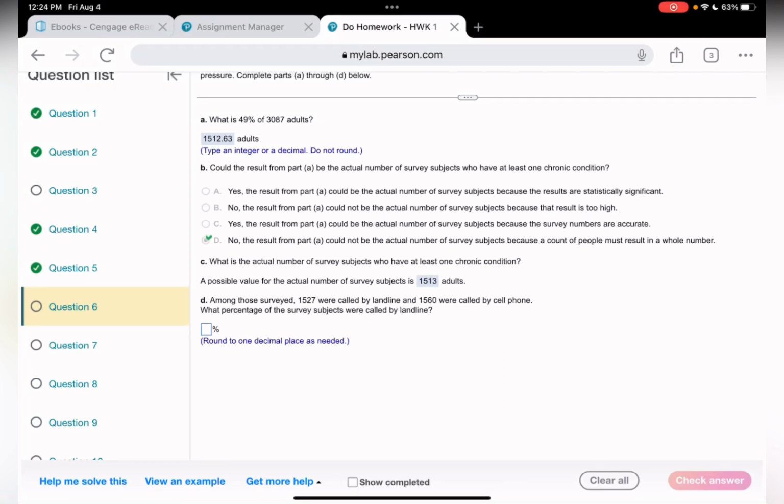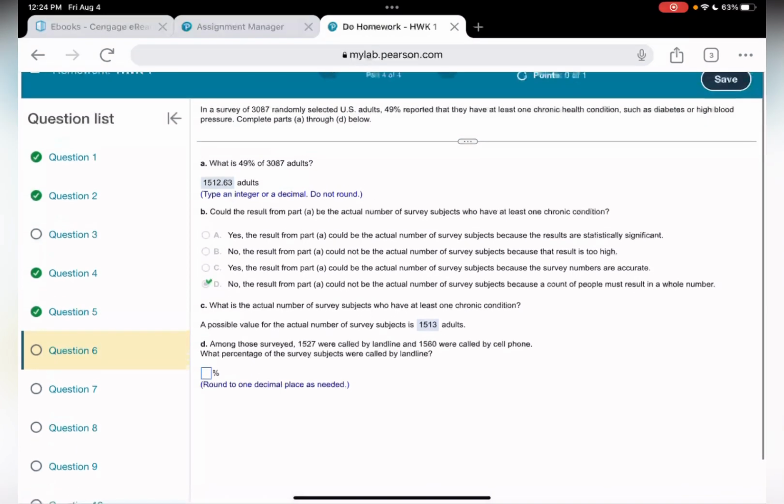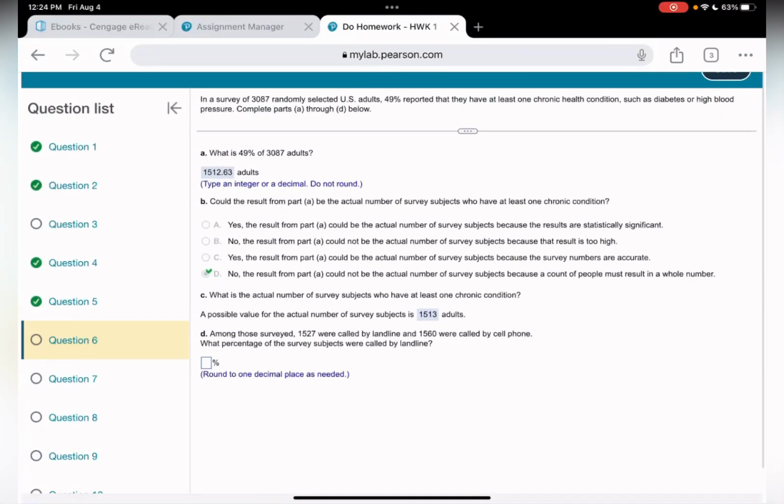Since they are interested in landline, we are taking 1,527, and we are dividing by the total amount we had. How many surveyed? 3,087.